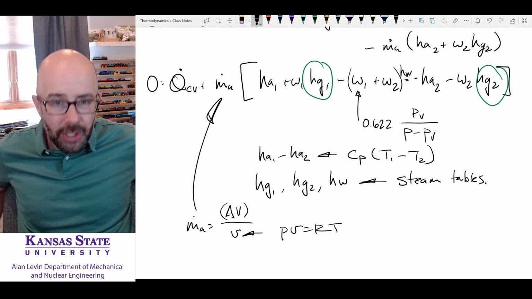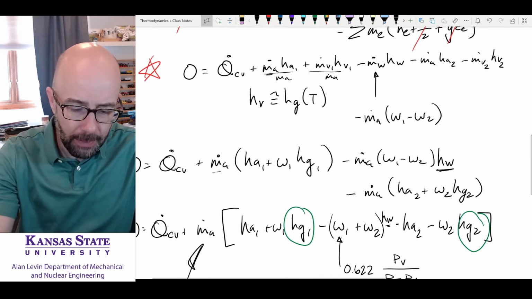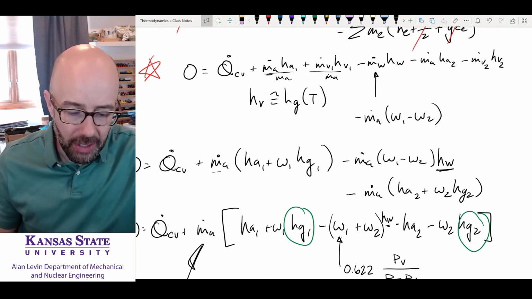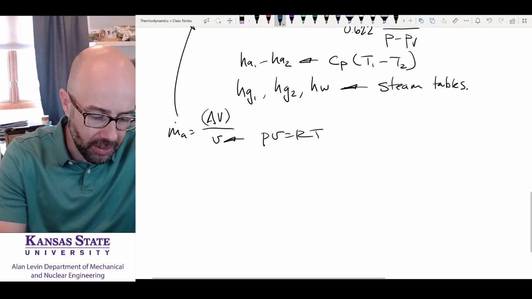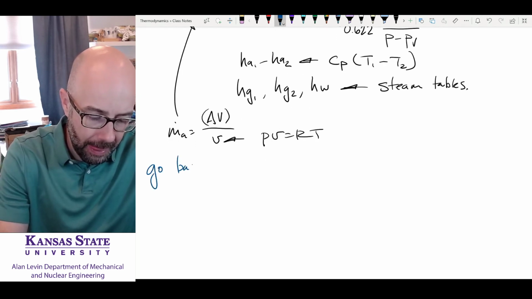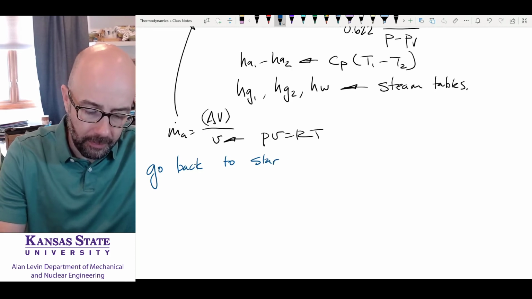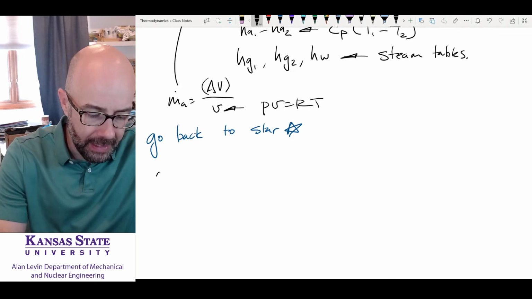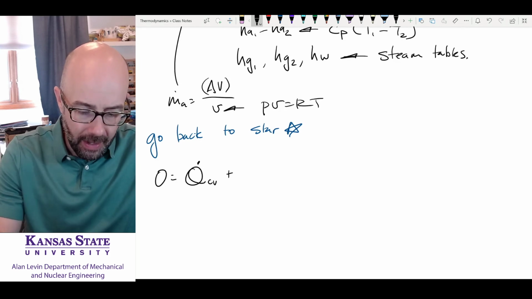So what we can do is go back to star. Up here at star, we can write it in a way that's useful for our psychrometric chart, which is what I'm going to recommend. We would write it this way. We could say 0 is equal to Q dot of the control volume, plus the mass flow rate of my air.